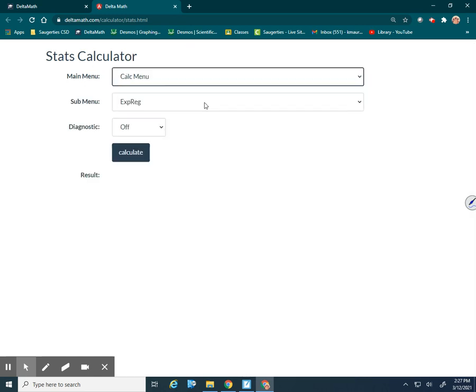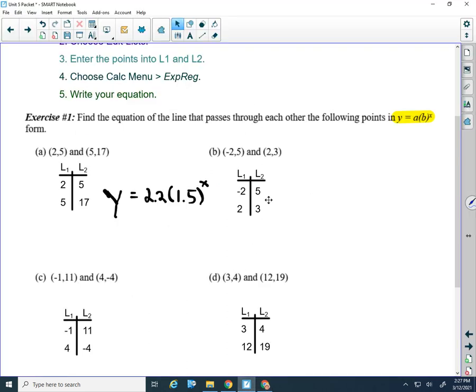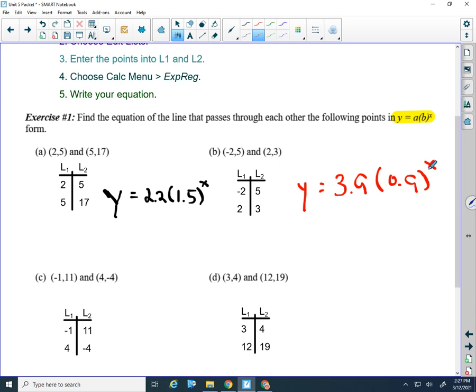Edit, calc, exponential's already picked for us, calculate. So I'm going to do 1 decimal place again. So this would be 3.9 and 0.9. So I'm going to write y equals 3.9 and then 0.9, sorry for the messy writing, to the x.